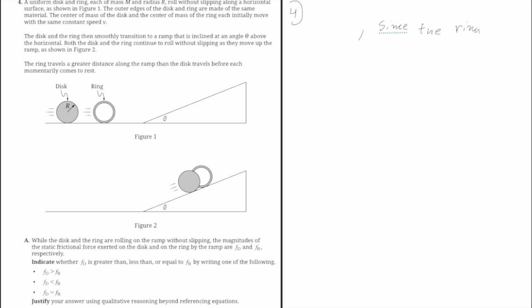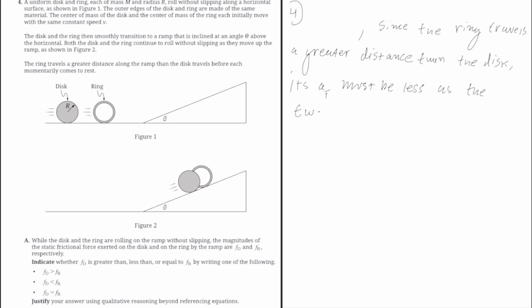Since the ring travels a greater distance than the disk, its translational acceleration must be less, as the two have the same V naught, and delta x equals V naught t plus 1/2 a t squared.